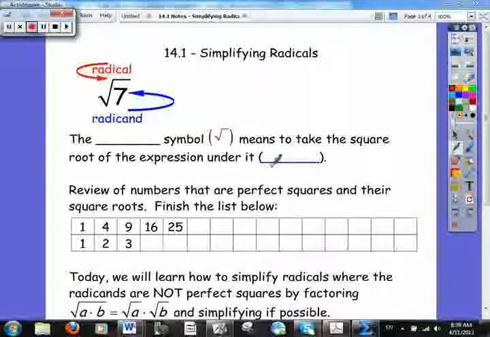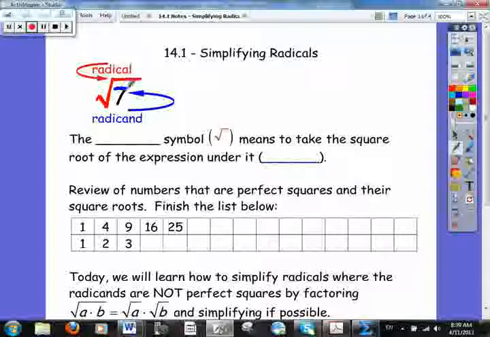Alright, hello students. Today we're going to start Unit 14, Simplifying Radicals. And if you look at my little picture right here, this is the radical symbol. Several of us also call it the square root symbol. And some other terminology.